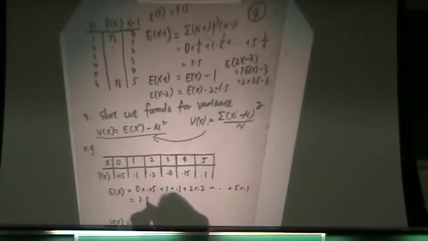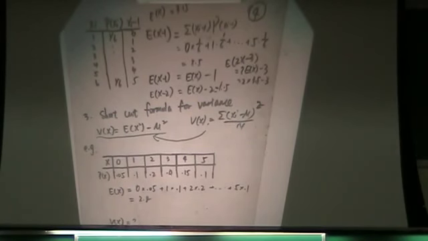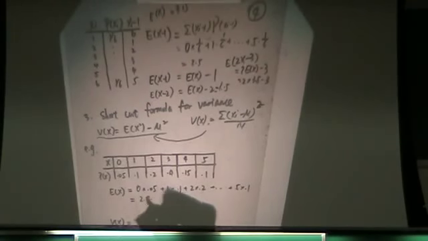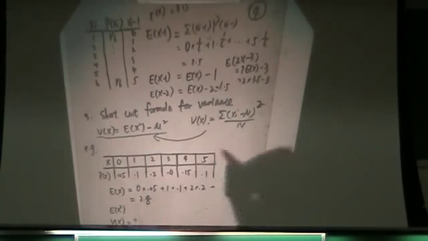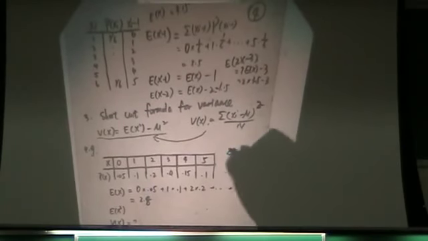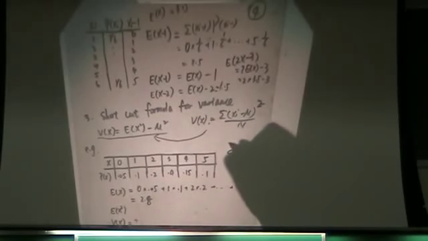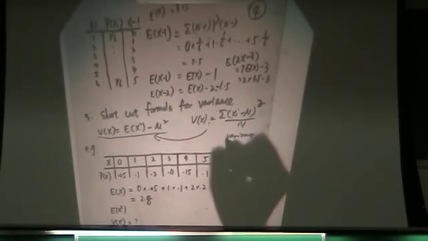I got 2.8. Then we need to get E(x squared). Why? Because to get the standard deviation, we need to get the variance, and to get the variance, we need to use the formula here.